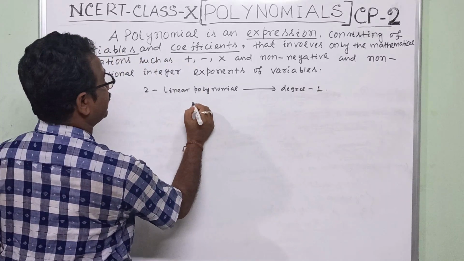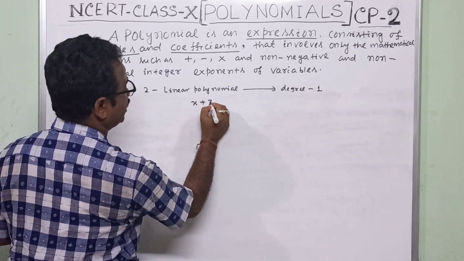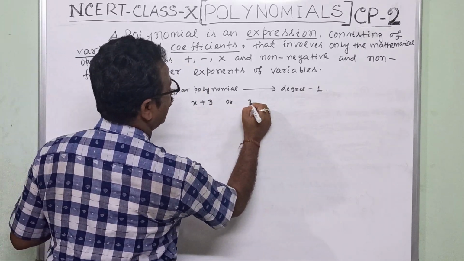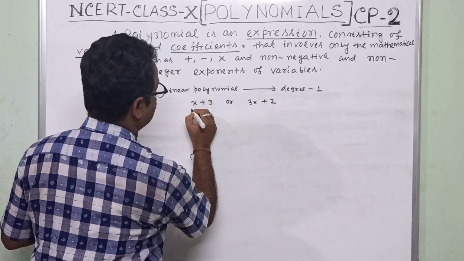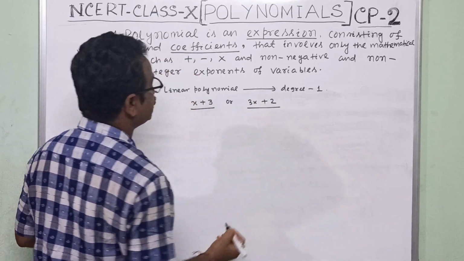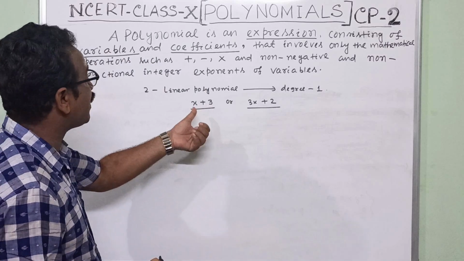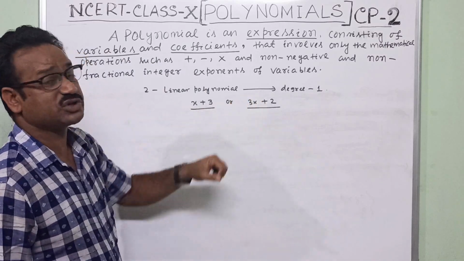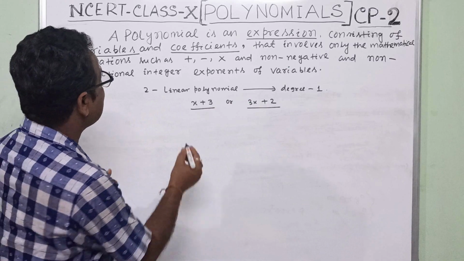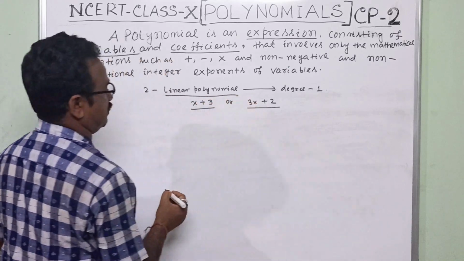Degree 1, for example x plus 3, or I can write 3x plus 2. This is a linear polynomial. This is also a linear polynomial. Degree 1, x to the power 1. Here also x to the power 1. So this is a linear polynomial.